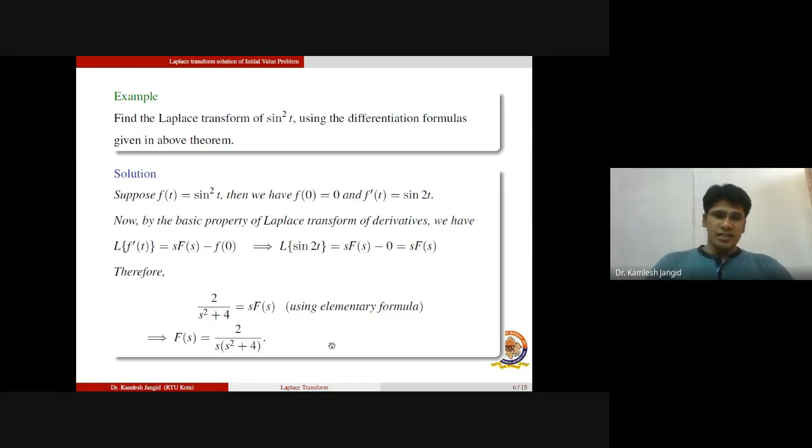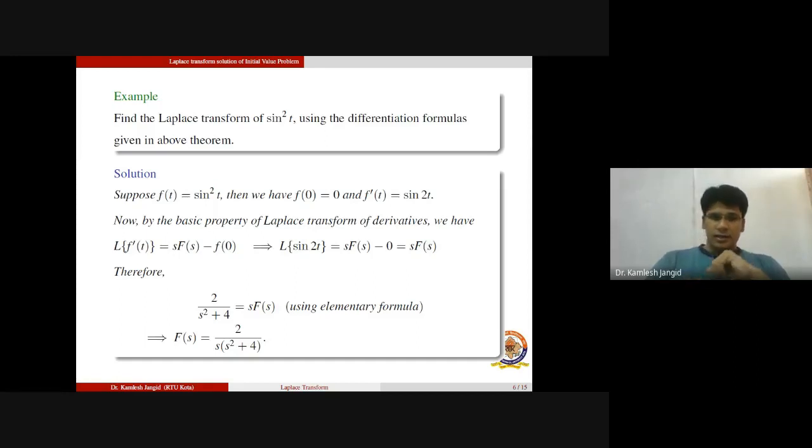Now using the elementary formula, if we simplify this, we get capital F(s) equals 2 upon s times (s squared plus 4), which is the Laplace transform of the function f(t) equals sin squared t. It means these two formulas, the Laplace transform of the first derivative and of the nth derivatives, are very useful to find the Laplace transform of functions whose derivatives exist.